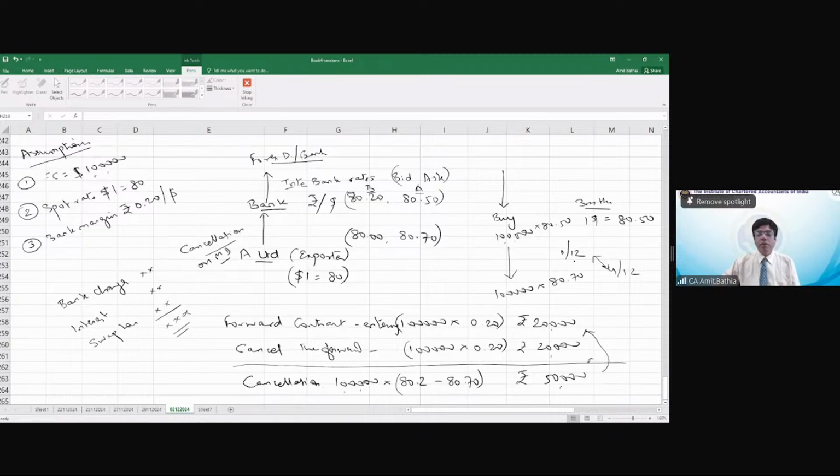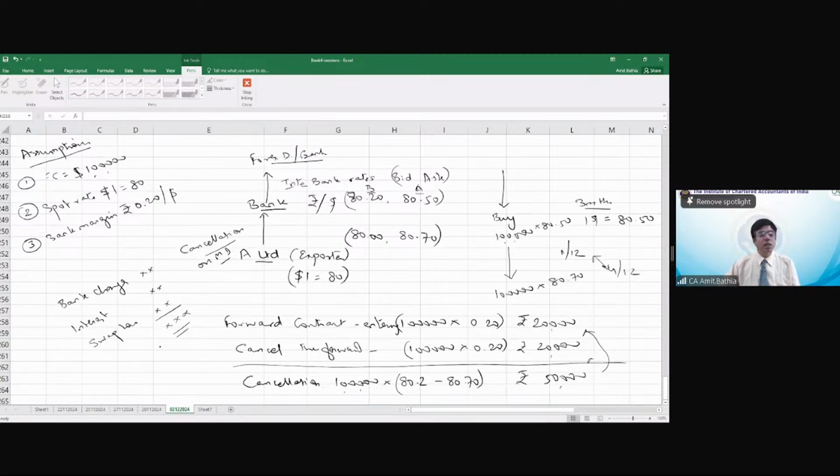Plus, if bank is essentially, say for example, funding this, right? Bank has already bought this in the spot market, say on 1st December, paying it to you on 4th December, then bank is funding this 3 days for you. Bank is going to charge you something known as interest. And then the third part is swap loss. So if forward exchange rate has actually gone against you, then whatever is the loss of that particular currency will also have to be recovered from the customer.